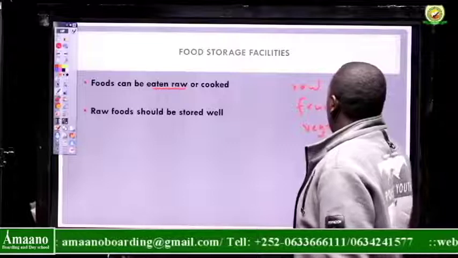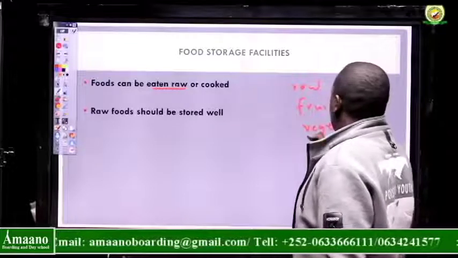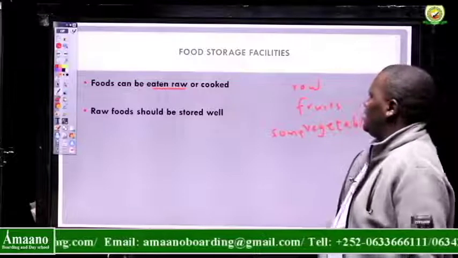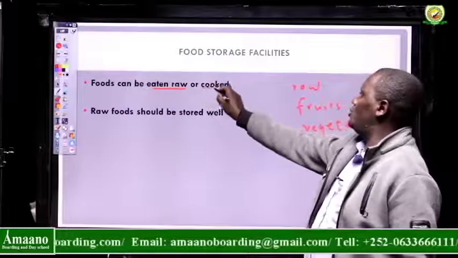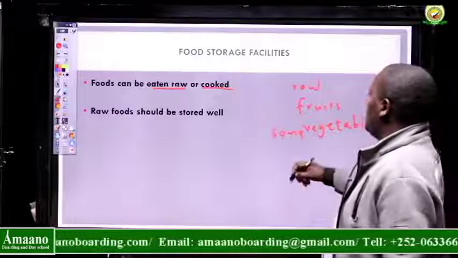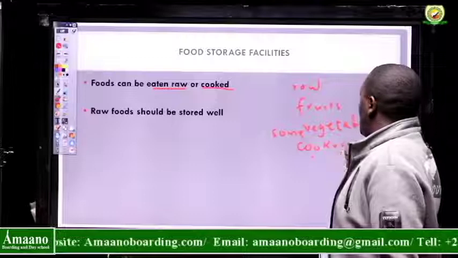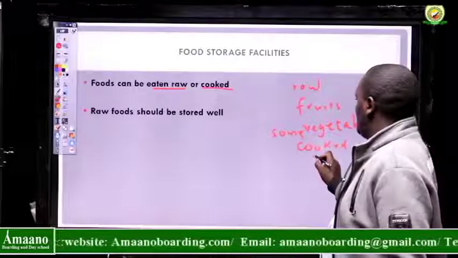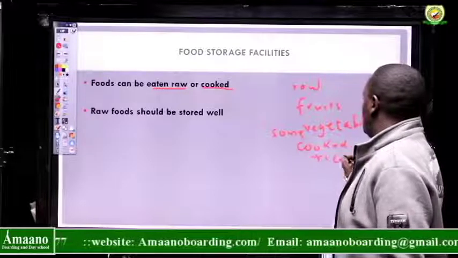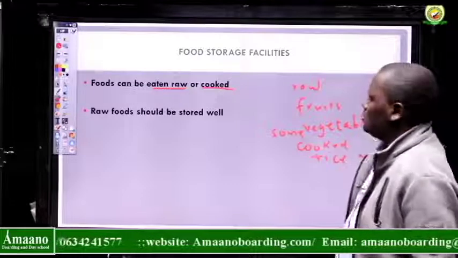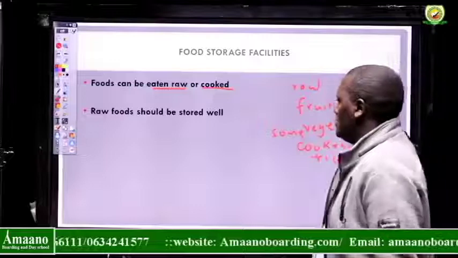Some vegetables, not all of them. And we have those foods that should be cooked before we eat. For example, the ones that are cooked are like rice, meat, and many more types of foods that we have to cook before we eat.